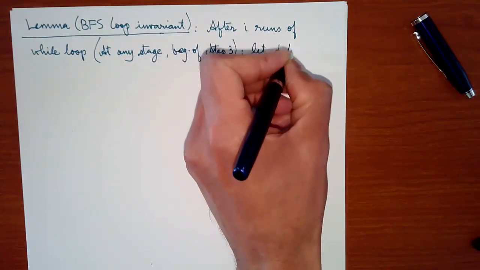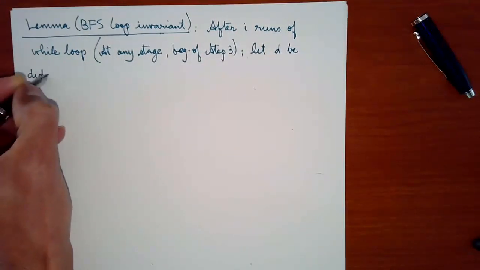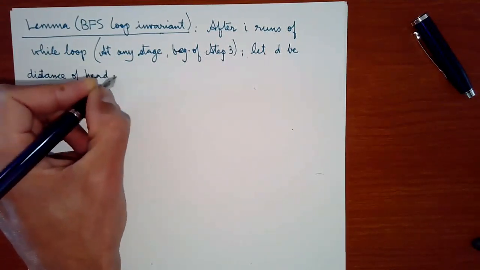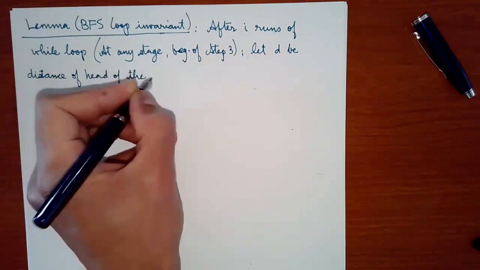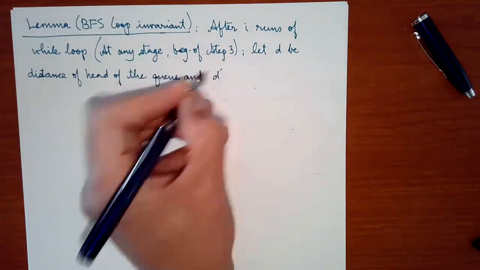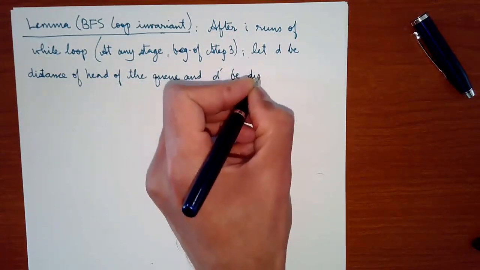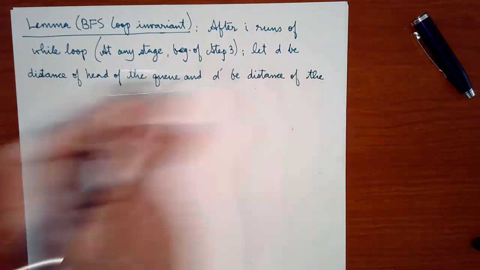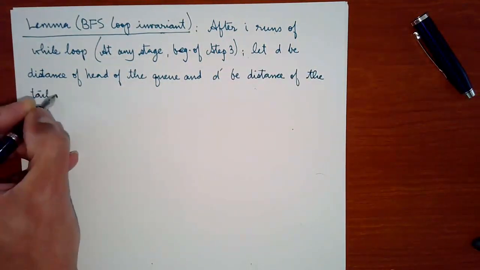let d be the distance of the head of the queue, and d prime be the distance of the tail of the queue.